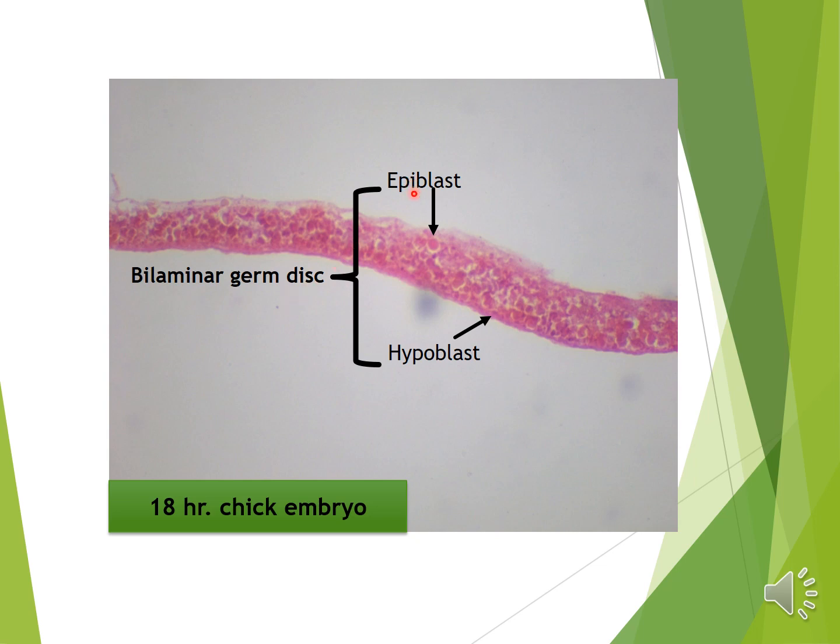The bilaminar germ disk consists of the epiblast, columnar cells, and the hypoblast, cuboidal cells.